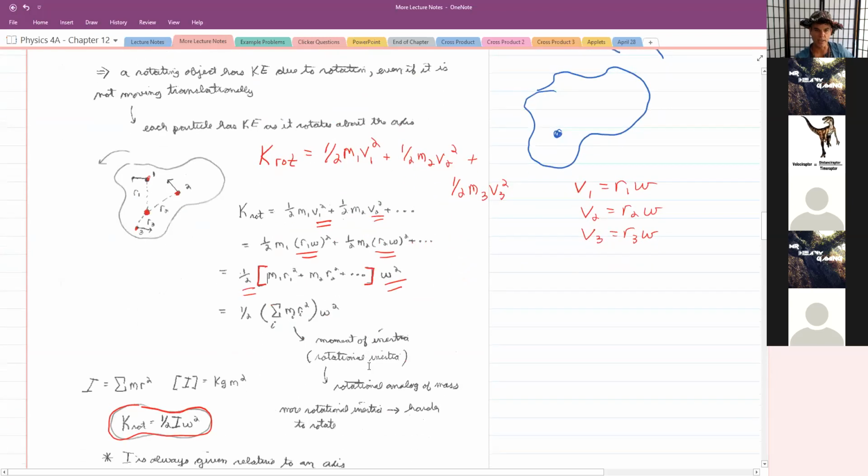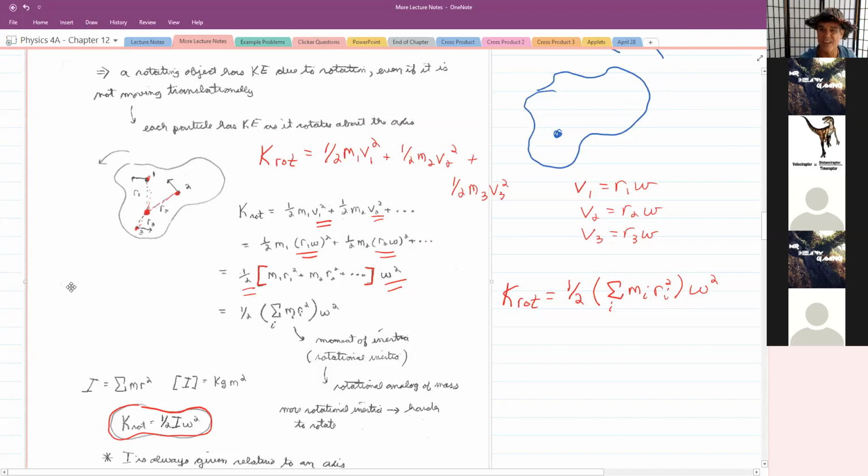And what I end up with is my kinetic energy of rotation is equal to 1/2 times the sum over all the particles of m sub i r sub i squared times omega squared. So r sub i is the distance of that particle from the axis of rotation. If this is my first particle, r1 would be this distance here. If this is my second particle, r2 would be this distance. If this is my third particle, r3 would be this distance.